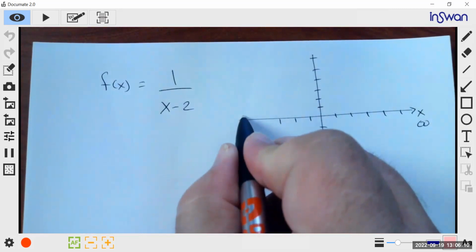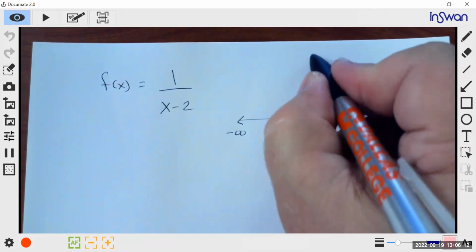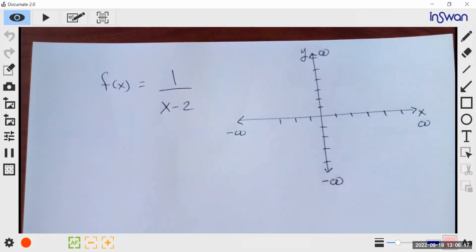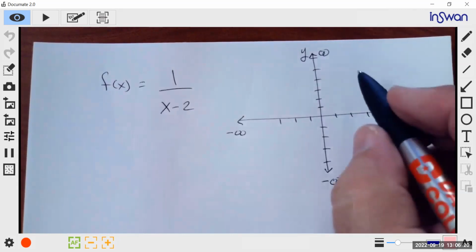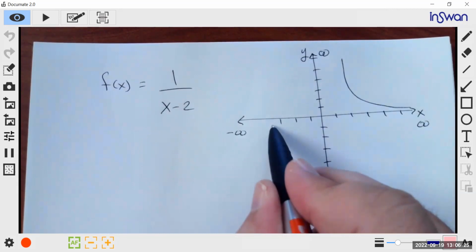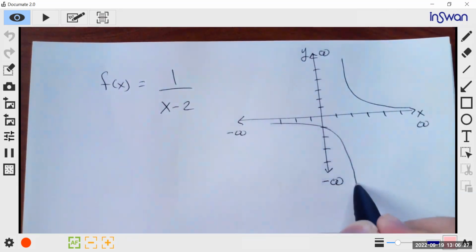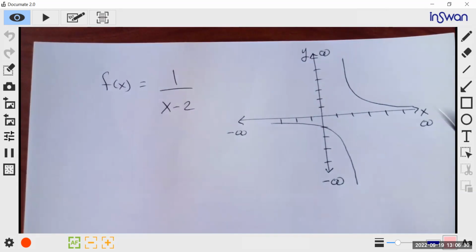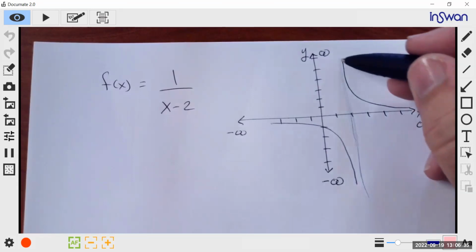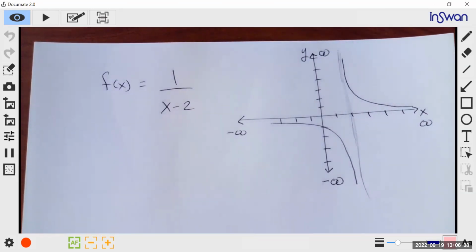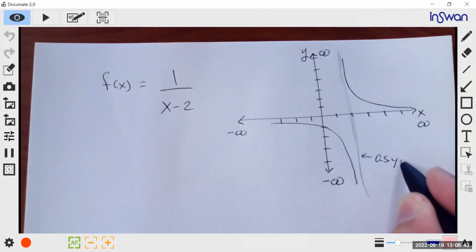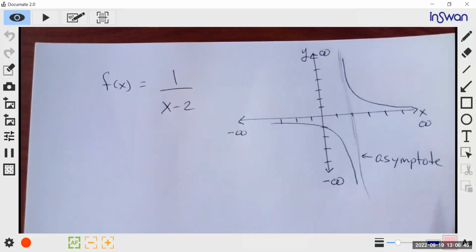It goes to infinity. It goes to negative infinity. This line here is called the asymptote.